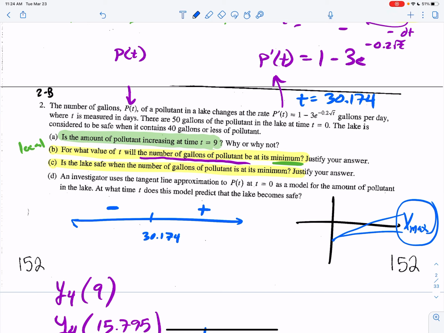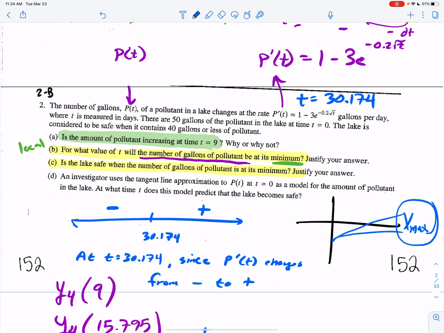It says, for what value of t will the number of gallons of pollutant be at its minimum? We're going to say at t equals 30.174, since P prime of t changes from negative to positive.